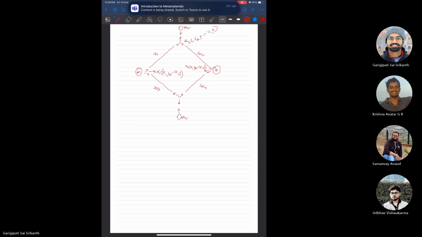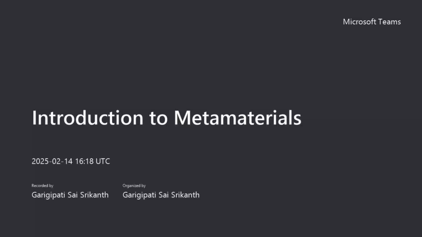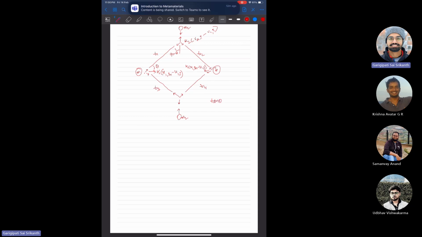So this is theta, and this is 90 minus theta. What is theta? Tan of theta is equal to d by L. It's actually d by 2 by L by 2, but we can cancel the by 2.